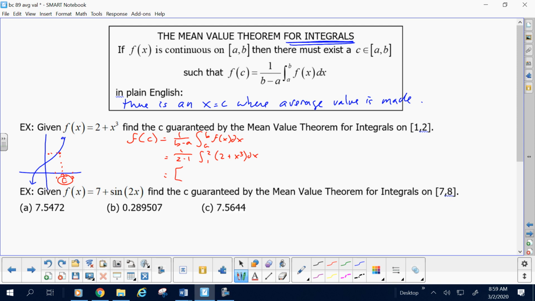What's the antiderivative? 2x plus 1/4 x to the 4th from 1 to 2, which eventually is, what do we got there? 4 plus 16/4 minus 2 plus a 4th. Do you agree?